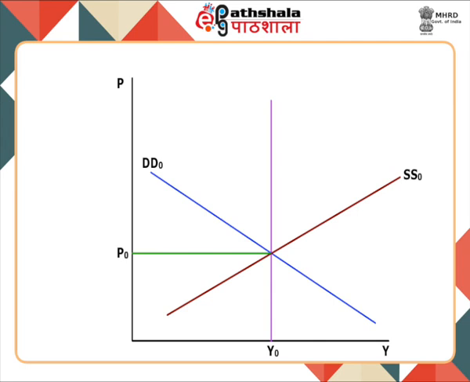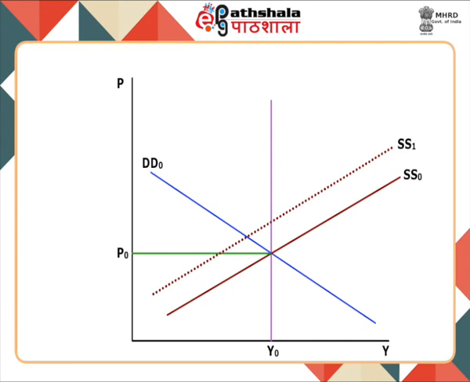Due to the expectation of inflation, workers start claiming higher wage rate since due to inflation, their real wages would fall down. As the economy is operating at full employment level, workers are in a position to bargain for a higher wage rate. The increase in wage rate would shift the supply curve to the left, and new aggregate supply curve would be SS1.